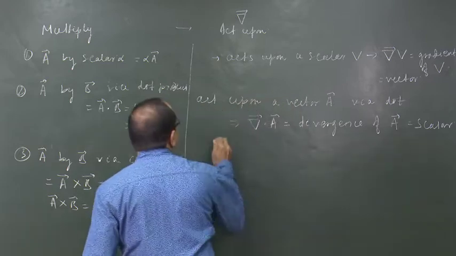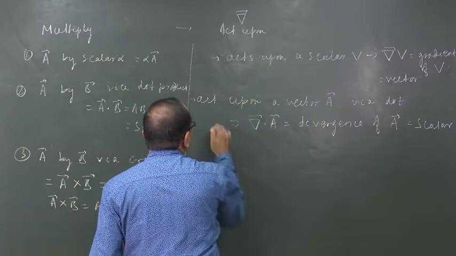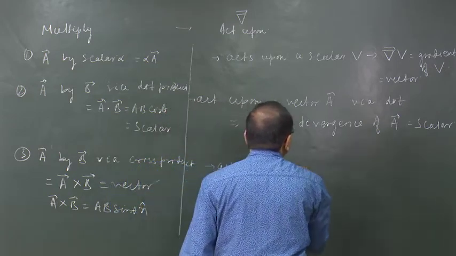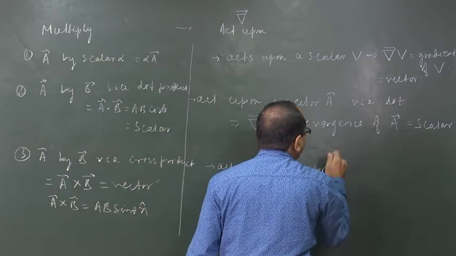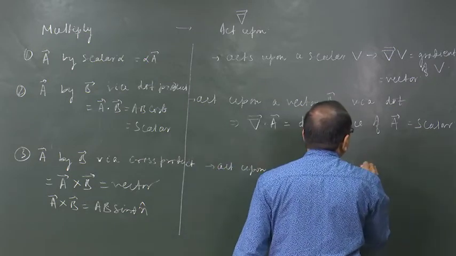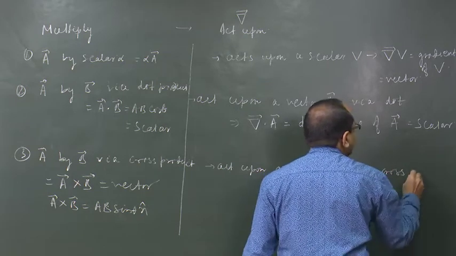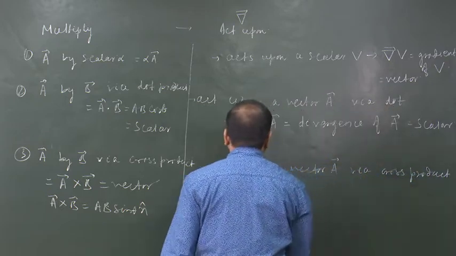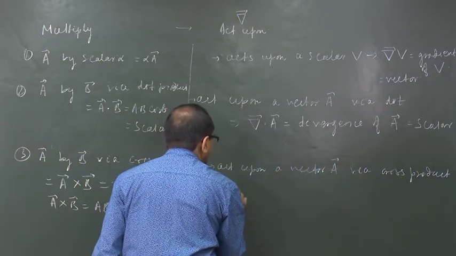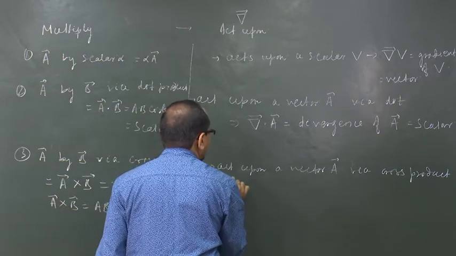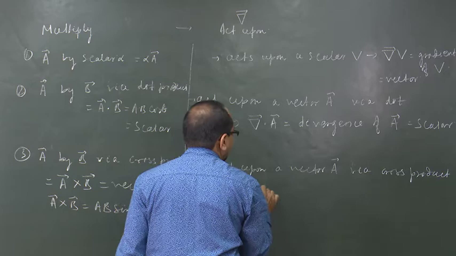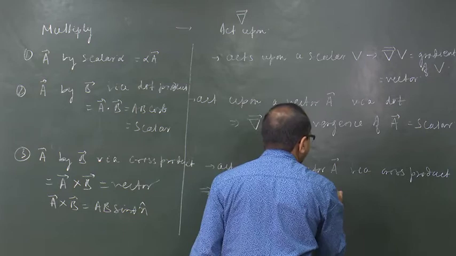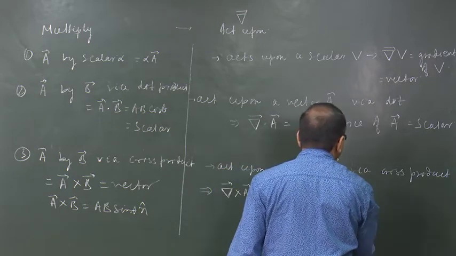Similarly, here this del can act upon a vector A via cross product, and this implies del cross A, and we call it curl of A, which is again a vector.